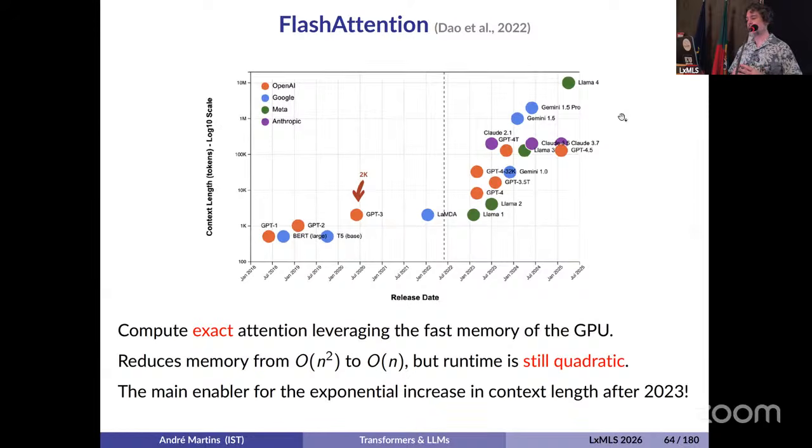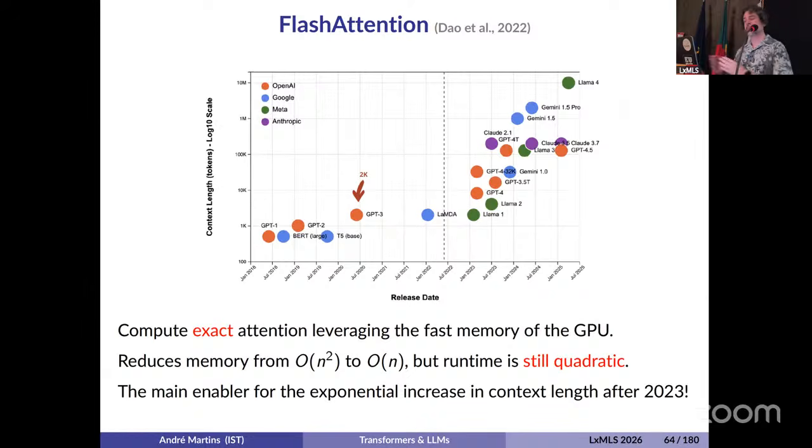A big part of this has been enabled by flash attention, work by Tri Dao and other people, which managed to reduce memory from quadratic to linear. The runtime is still quadratic, so this is still slow. So it's not enough just to do flash attention and expect that it's going to be practical with 10 million tokens.